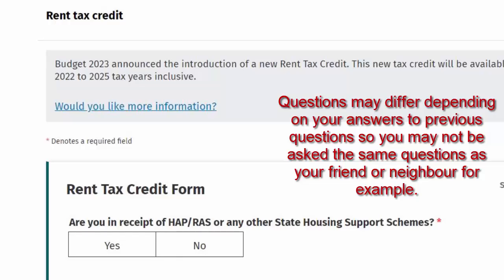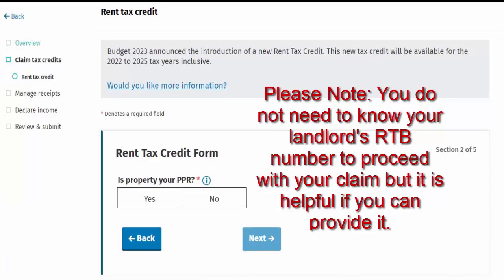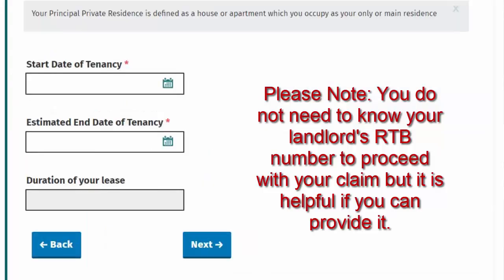For example, it is not possible to claim the rent tax credit if you are a supported tenant or the landlord is of a type detailed on screen, and you will therefore receive an error message advising you that you are unable to proceed with your claim if that is the case.